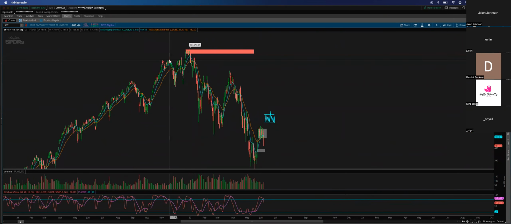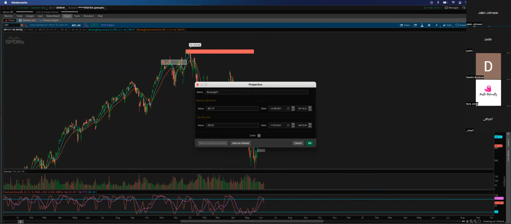Right below it, would it be a zone? This area would. This one was a zone. If you would have plotted it, you would have had a sell opportunity.